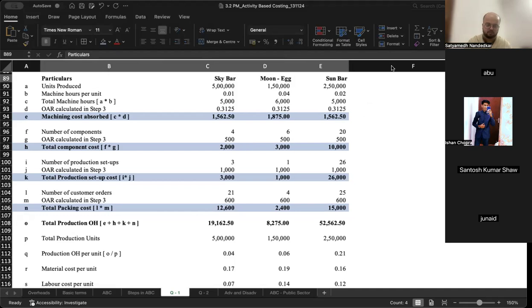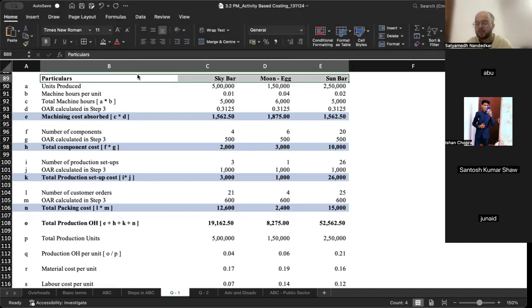In this problem, since we don't have the budgeted cost, the production overhead costs, there is no concept of over or under absorption. This is a simple calculation question, nothing related to under or over absorption here. Okay, sir. Thank you.